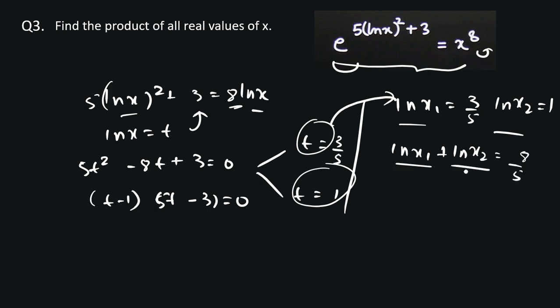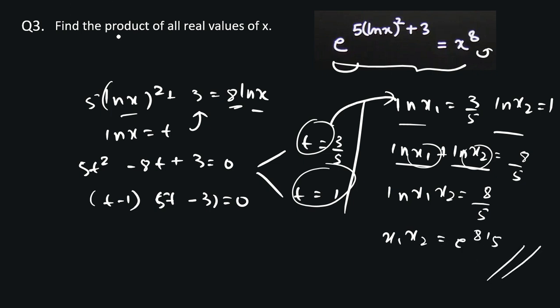And if we add two logarithms, then x1 and x2 will be multiplied. Ln x1 x2 is equal to 8 by 5. x1 x2 is equal to e to the power 8 by 5. Find the product of all real values. So the product of x1 and x2 is e power 8 by 5. So this is your final solution.